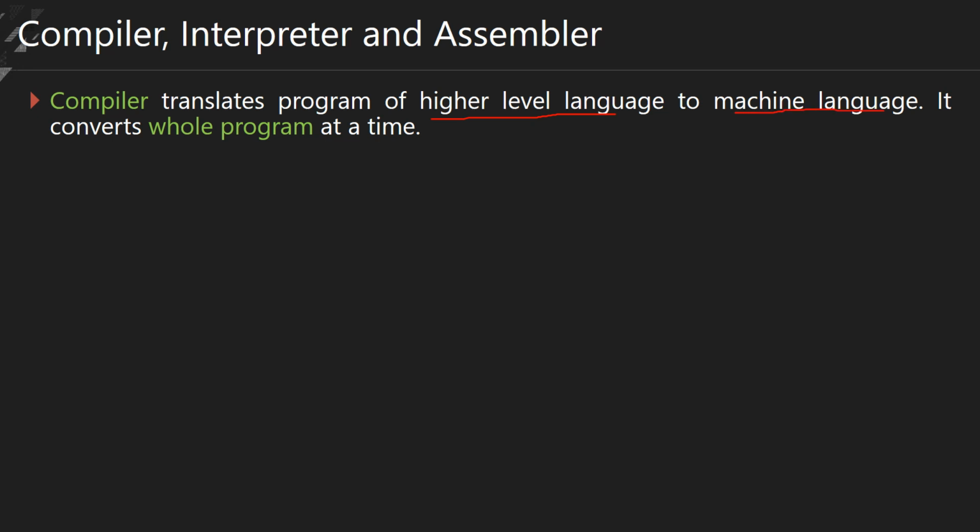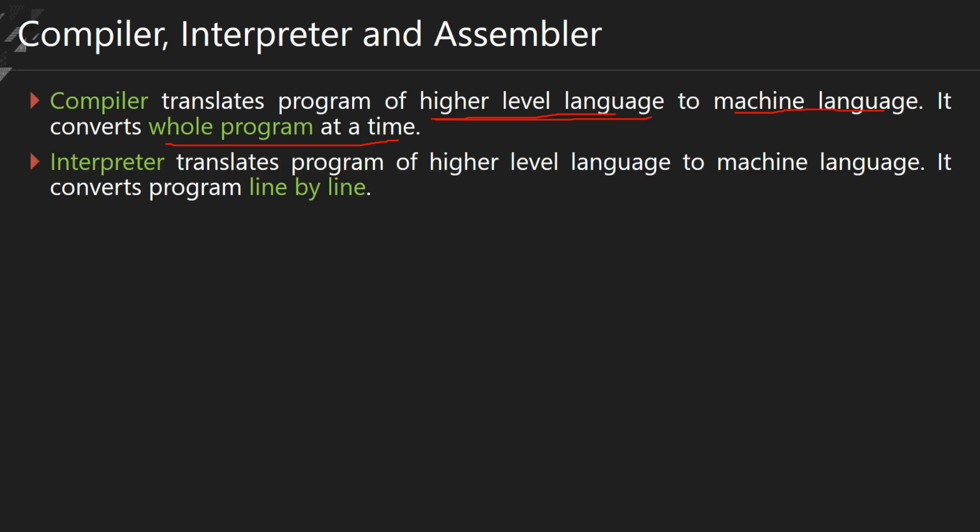It converts the whole program at a time. So that means a compiler is a translator kind of program which converts from high level language to machine level language, where the entire thing is converted at a time. In one stretch it will convert the entire thing, right?